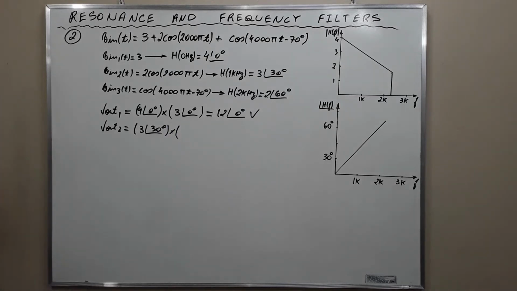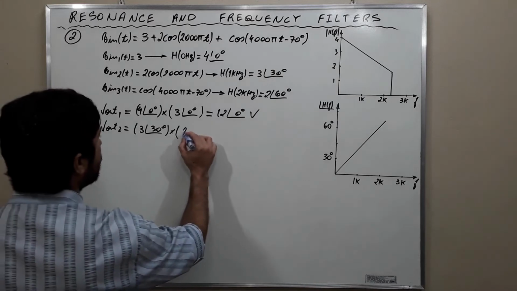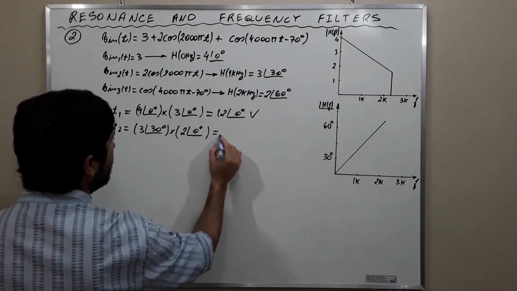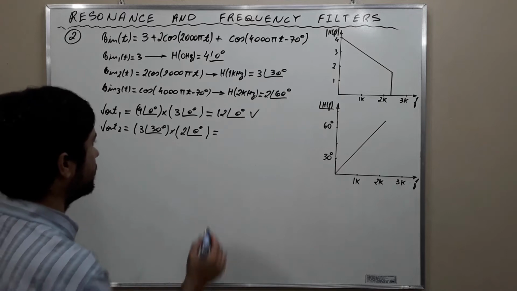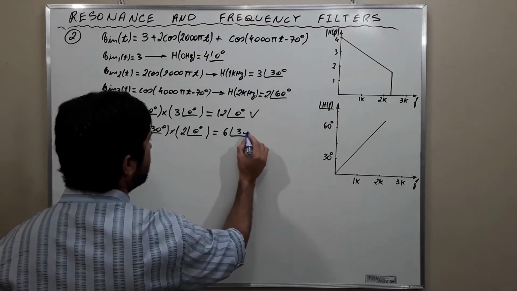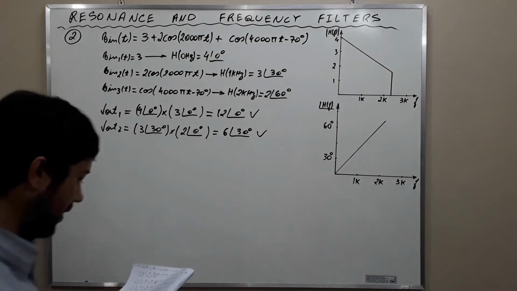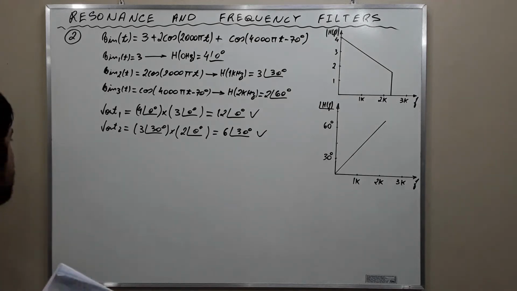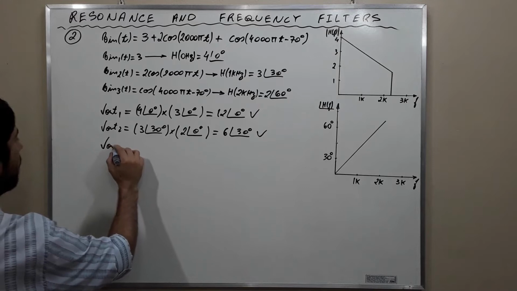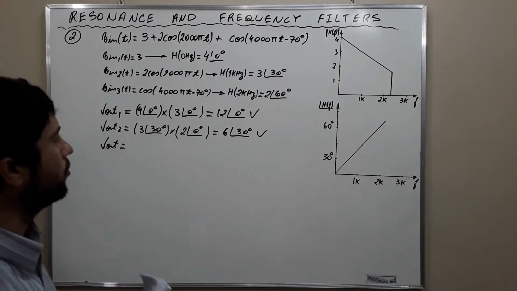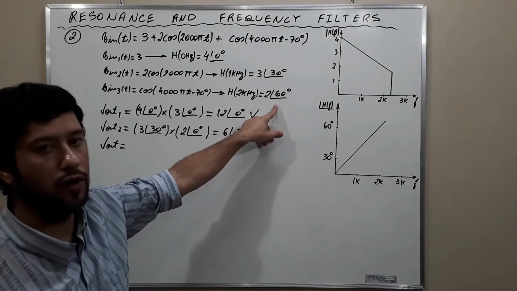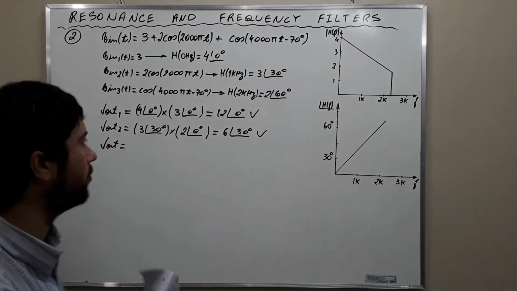And the voltage phasor for the first component of the input signal is 2 phase 0 degrees. And this is equal to 6 phase 30 degrees. And lastly, for the third component, for the frequency of 2 kilohertz, the value of the transfer function is 2 phase 60 degrees.